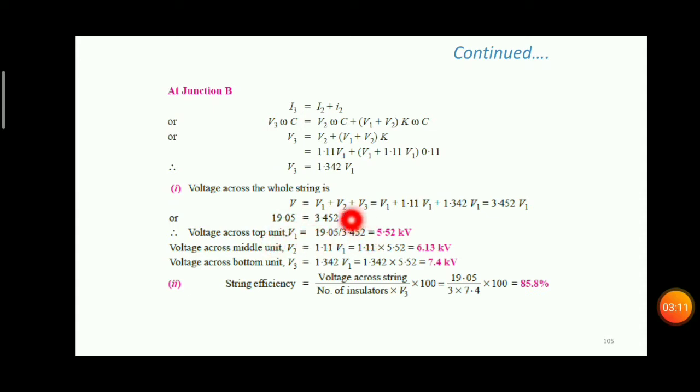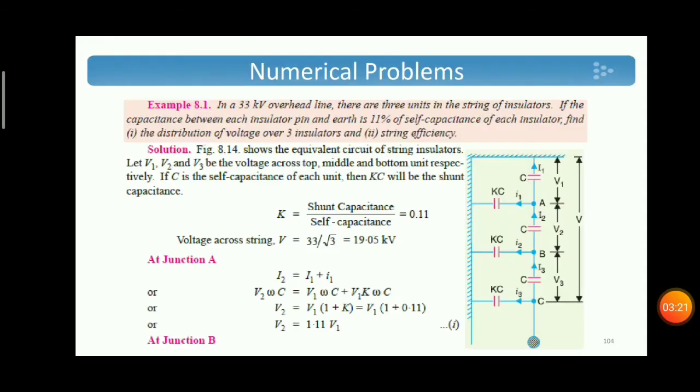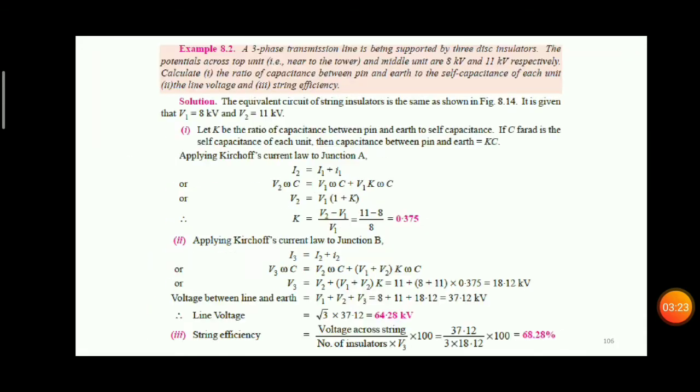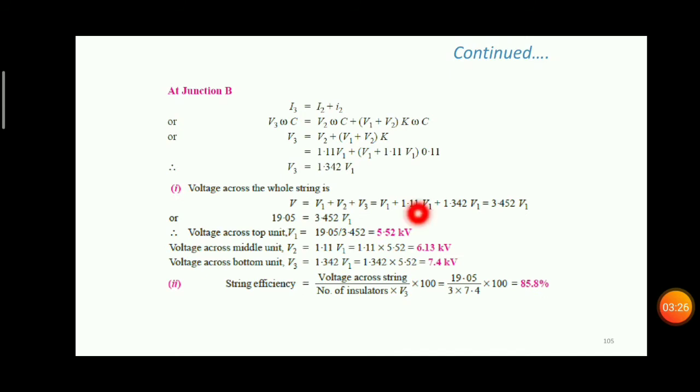So we can find the value of V1. V1 equals 19.05 by 3.45, that is 5.42 kV. Now, from the equations for V2 and V3, we can find the values of V2 and V3. So we have got the voltages across each disc. Now we can find the string efficiency.